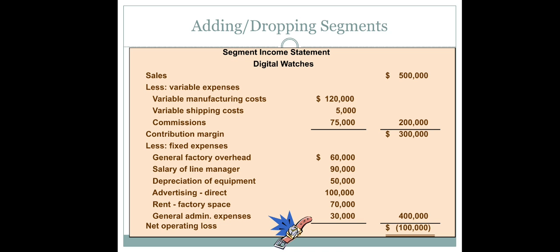There are six fixed expenses: general factory overhead 60,000, salary of line managers 90,000, depreciation 50,000, advertising 100,000, rent of factory space 70,000, general admin expenses 30,000. The total fixed cost is 400,000, so net loss is 100,000: contribution margin of 300,000 minus fixed cost of 400,000.